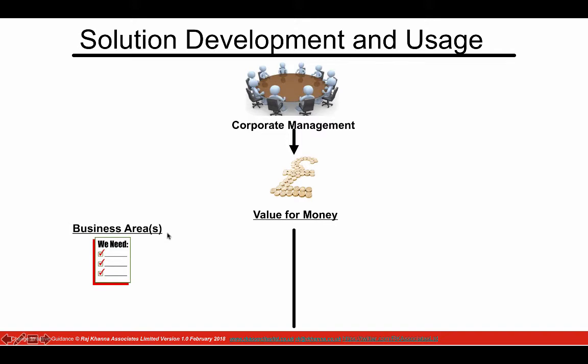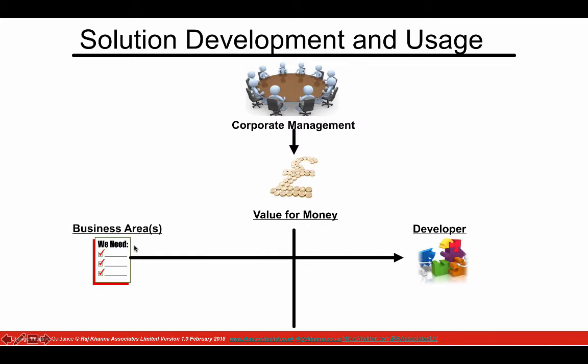Now that business area, having defined what they need, will give that information to somebody who's actually responsible for developing that solution. May it be a computer system, a new phone, a sandwich, or a major building.